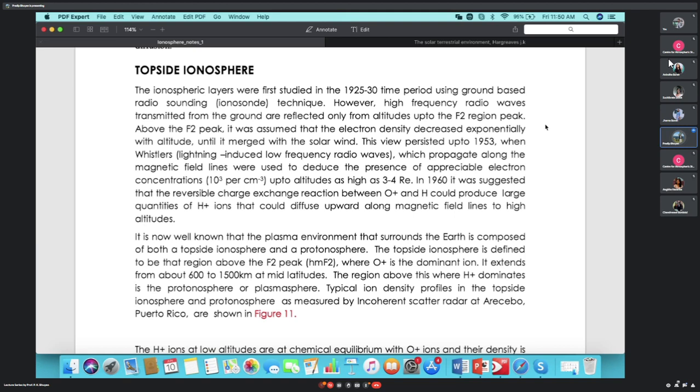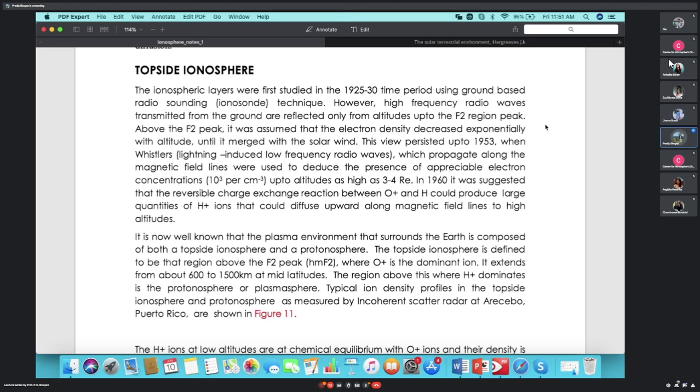It is slightly decreasing, and therefore with height you may reach 3-4 Earth radii, meaning 20,000 or 30,000 kilometers at times. But normally, up to 1,500 to 2,000 kilometers, you will always have a significant number of H plus ions.